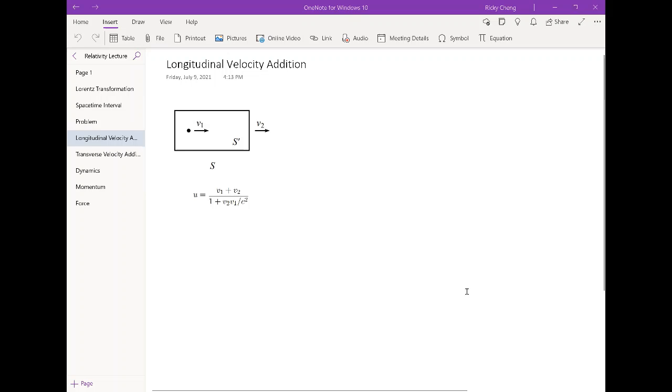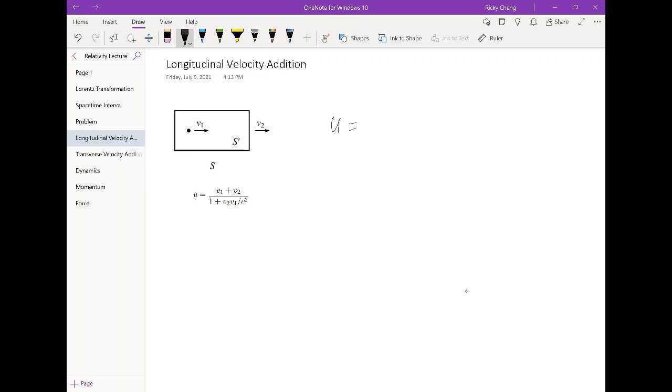If we look at classical mechanics with Galilean relativity, let's call the speed of this object in frame S u.